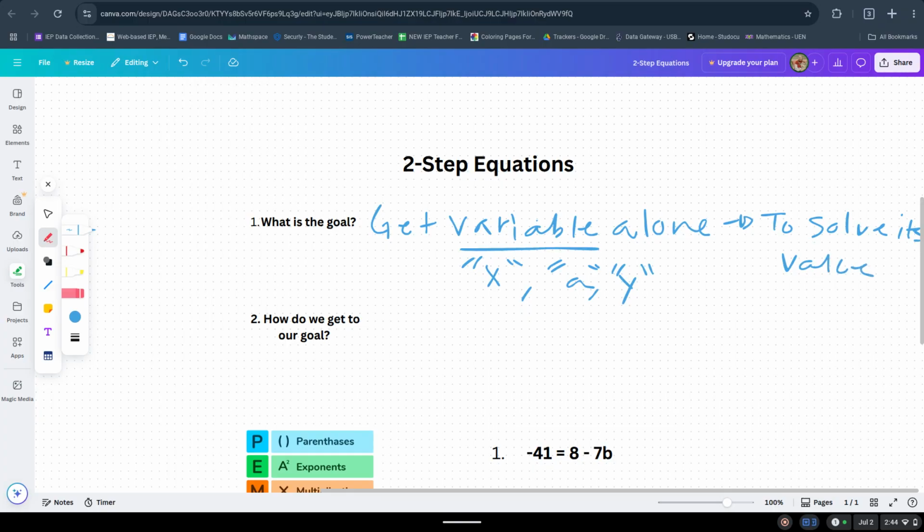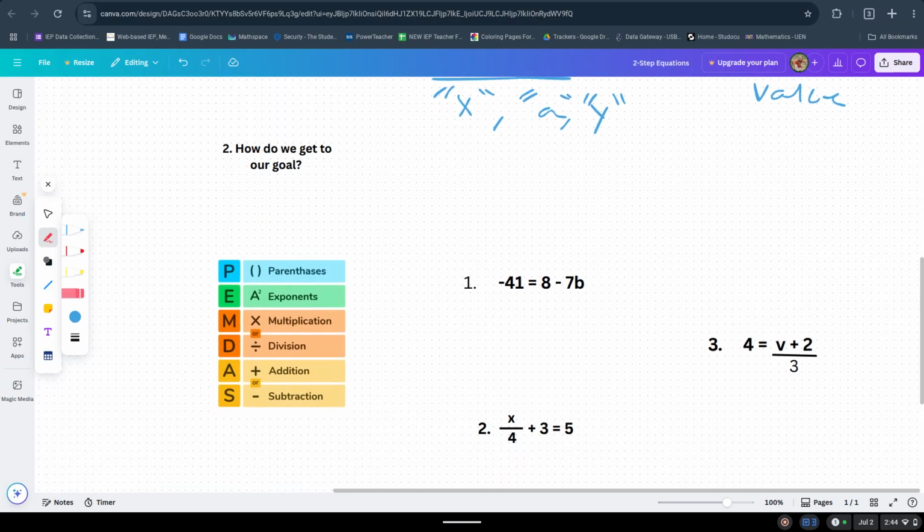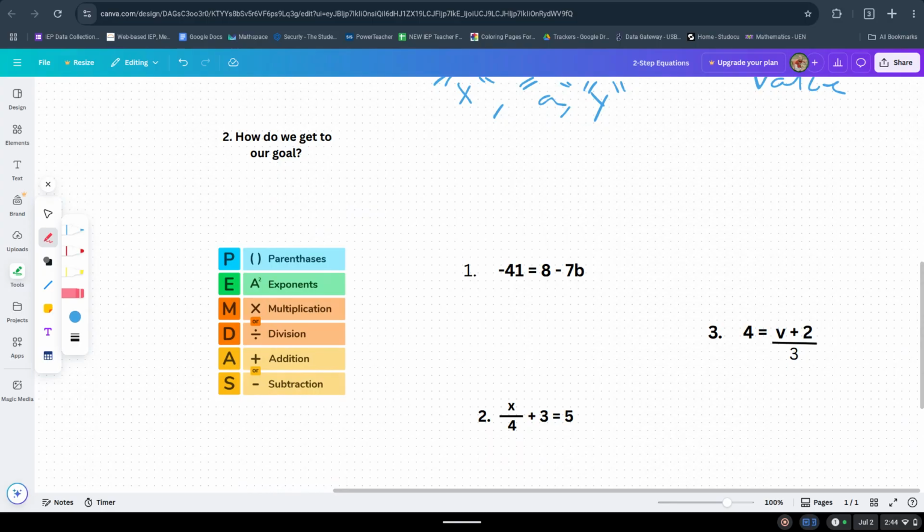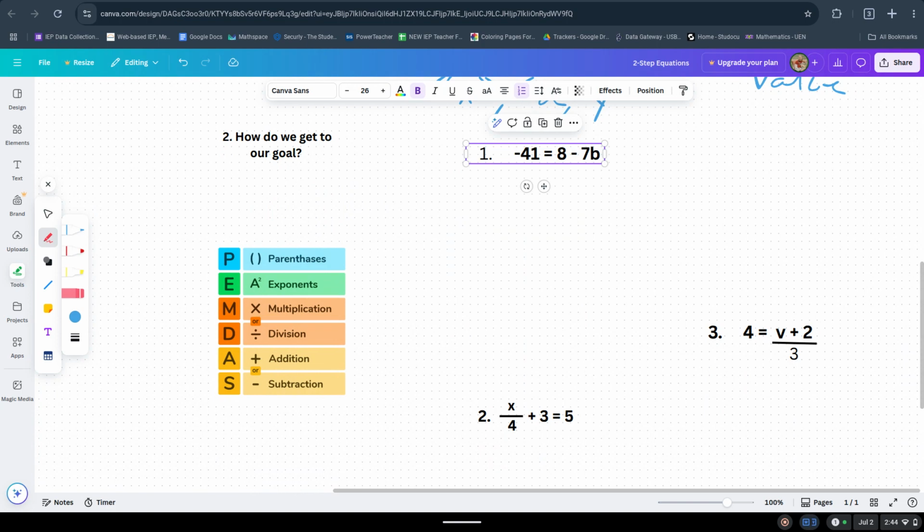Okay, so how do we do this? Like we talked before, let's move this up a little bit. Our goal is to get the variable alone. But now, instead of having one number, we have two numbers that we have to think about.